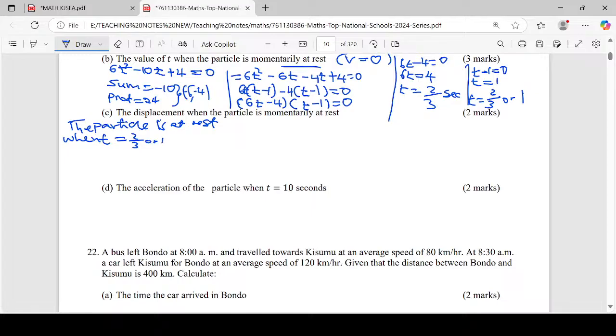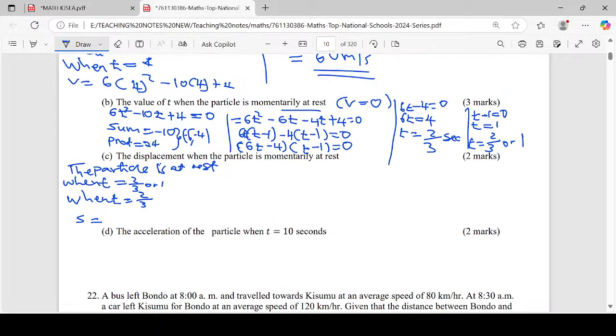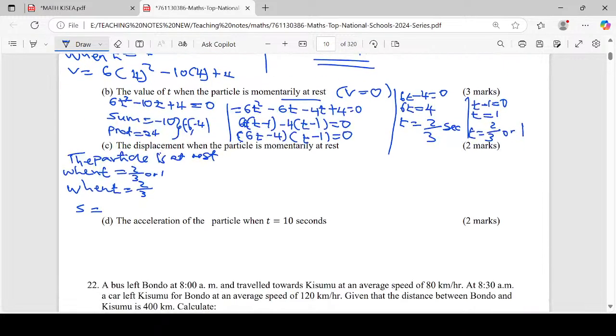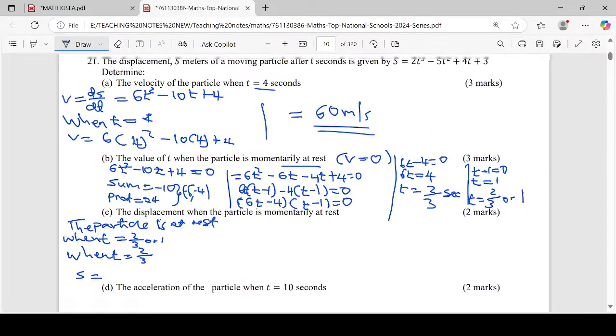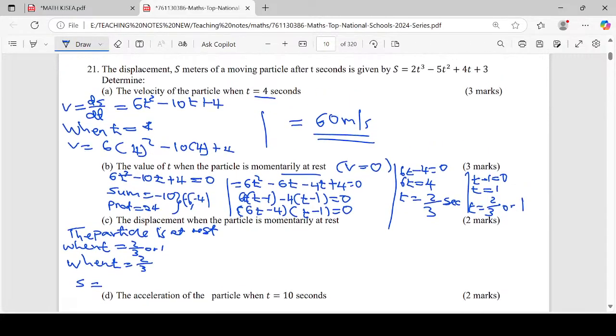So let's see, when t is equal to 2 over 3, what is our s, which is the equation for displacement? We're going to do that replacement there. Remember that s is given by 2t cubed minus 5t squared plus 4t plus 3.